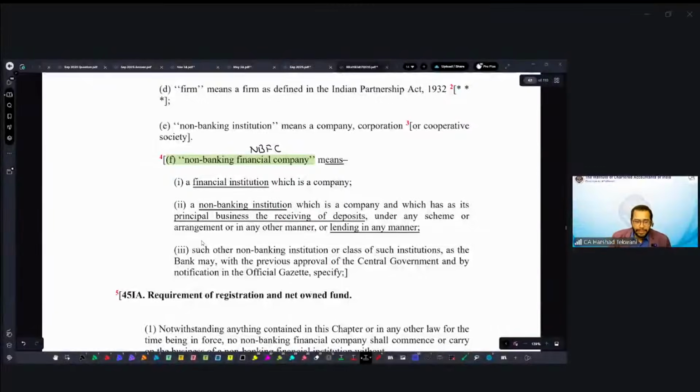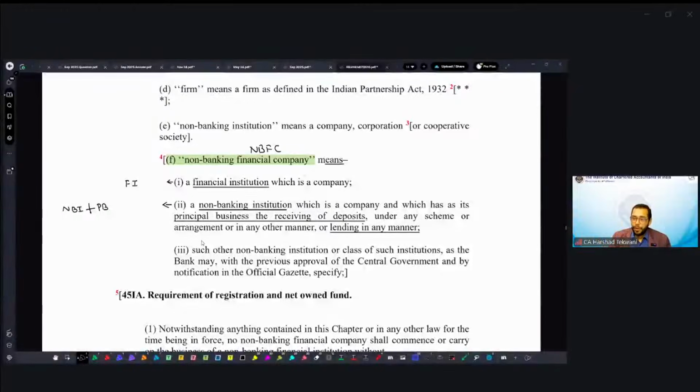So this point says, first, it should be an FI. Second, it should be an NBI, plus it should have a principal business of receiving deposits or lending in any manner.